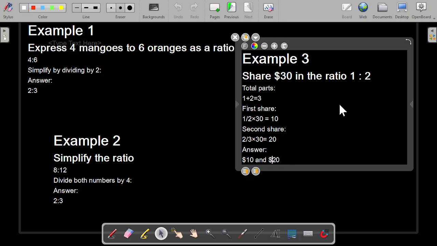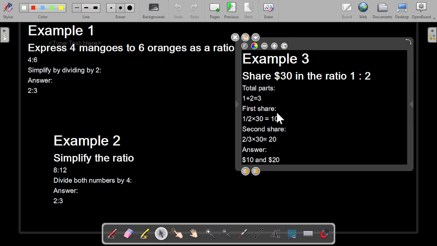Now, what you are going to do here first is the first share. Now that you have found the sum of the ratio, you have to add the given ratio together. 1 plus 2 is equal to 3. Then the first one, remember this is the first ratio because it's the first, is 1 ratio 2.